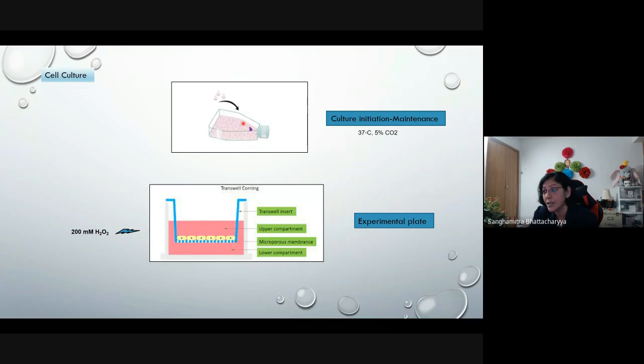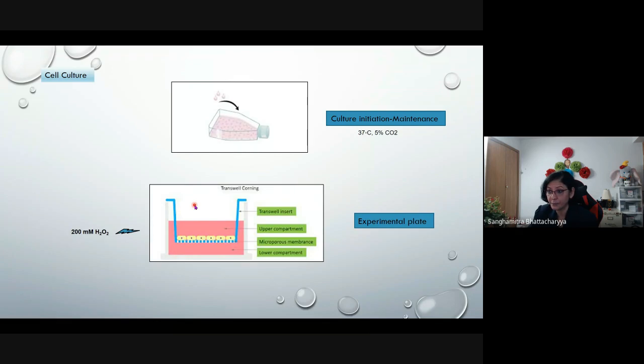So the cells grow on the base of this flask. And once the base is covered completely by the growing cells, we trypsinize the flask. That means that using trypsin, we dislodge the cells from the base of the flask, and then we distribute these cells according to our experimental requirement.